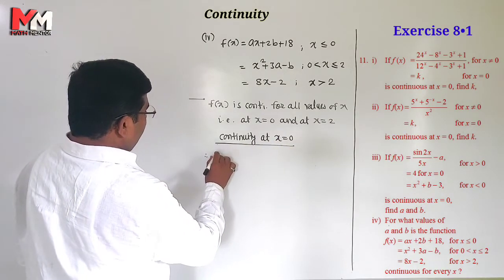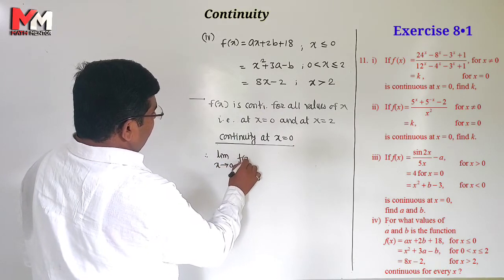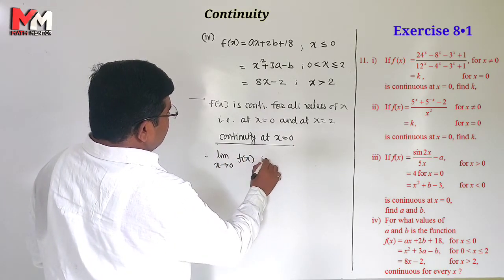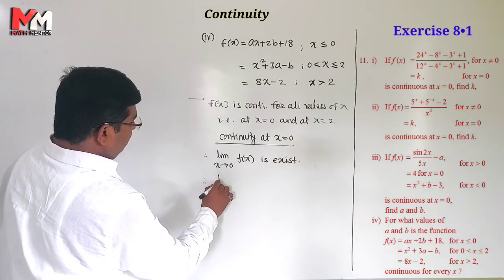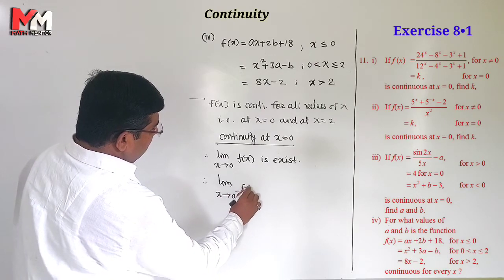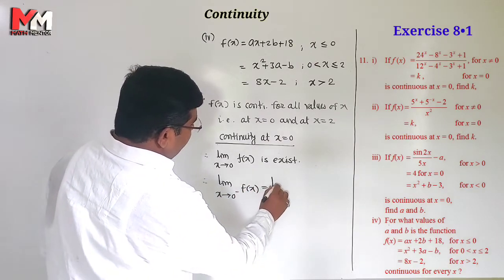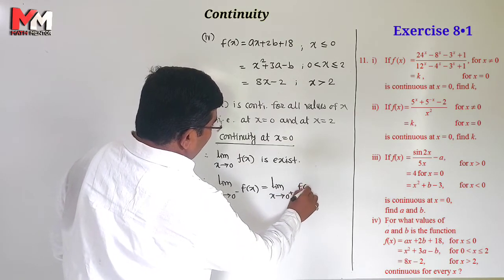So therefore limit x tends to 0 of f of x exists. So therefore limit x tends to 0 minus f of x is equal to limit x tends to 0 plus f of x.